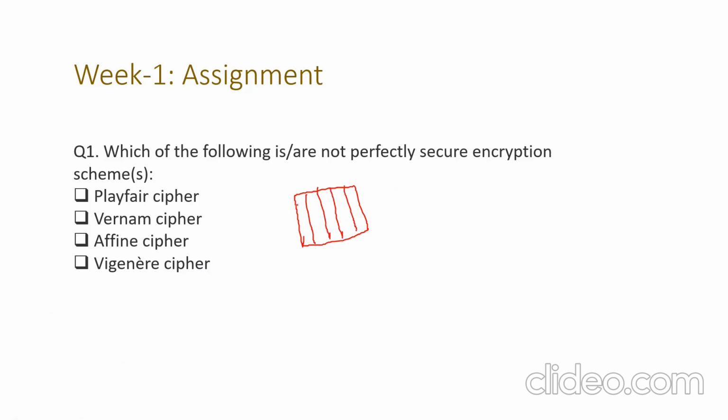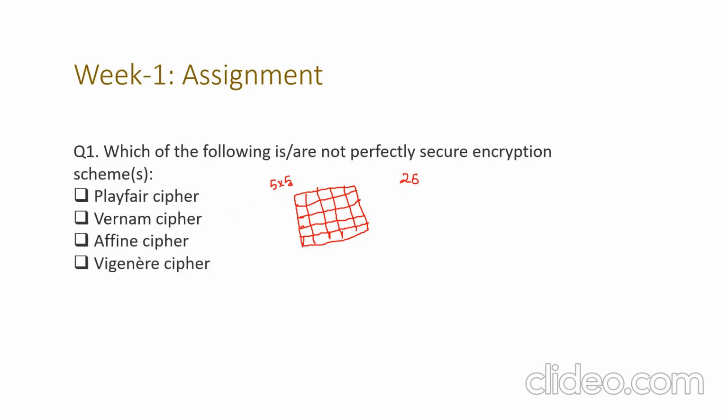I will not go into the details of this cipher because you can search anywhere, in the book or simply on Google, and you will get a detailed document on how it works. For the Playfair cipher, the key is of this form, where each box contains a unique English alphabet. So we have 26 alphabets, right? Usually out of 26, 25 distinct alphabets are filled up here in some particular method.